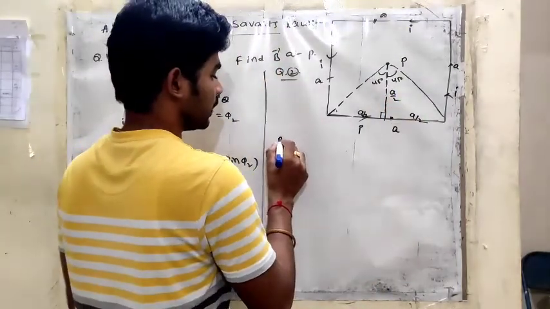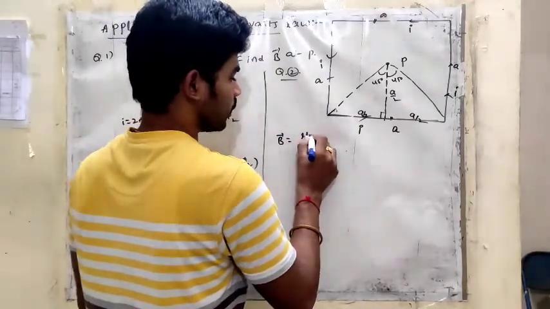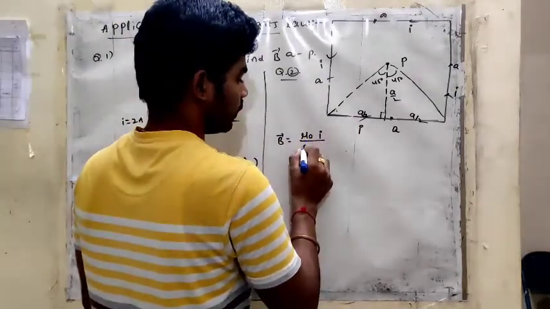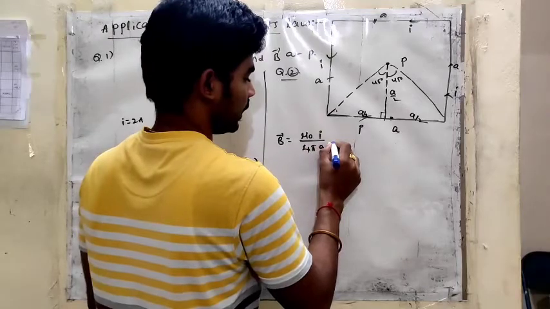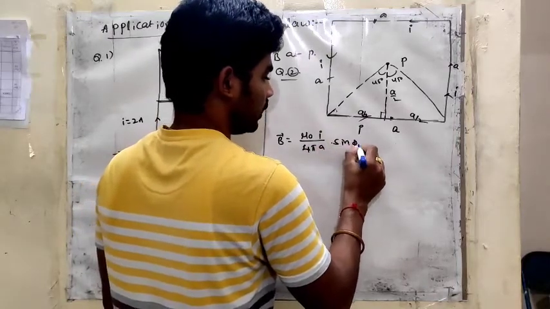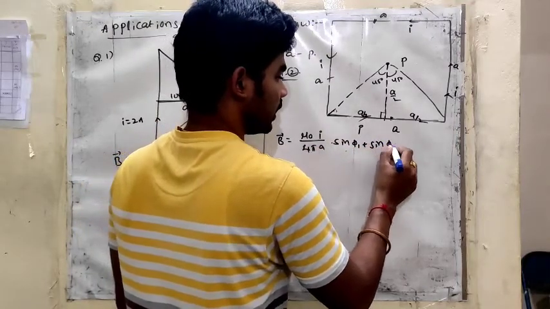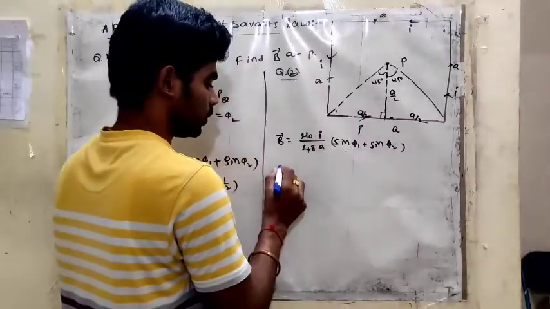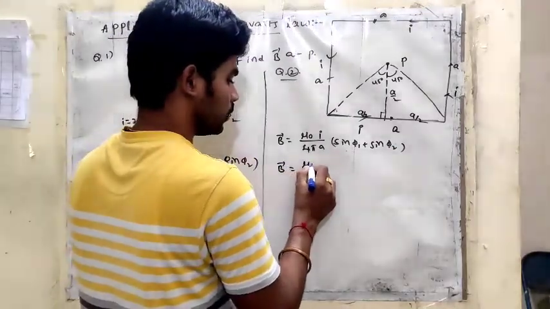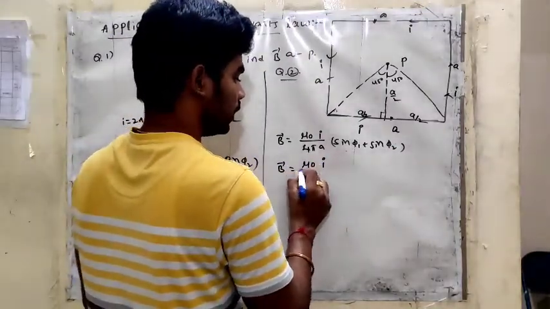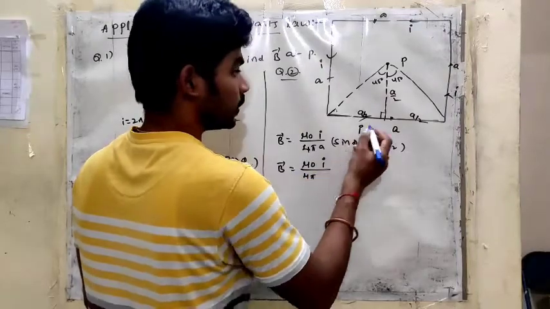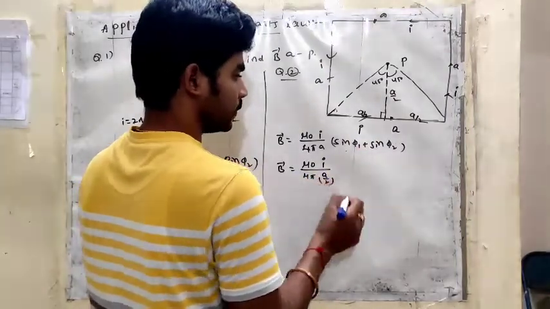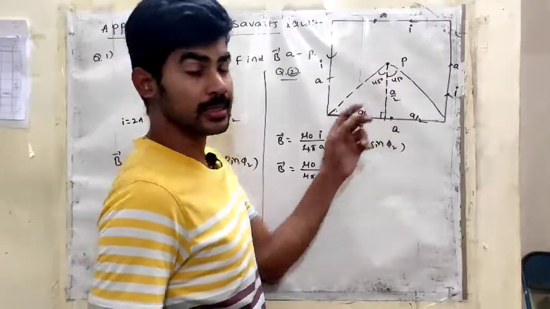So what is that magnetic field formula? B bar is equal to mu naught I by 4 pi A into sine phi 1 plus sine phi 2. So B bar is equal to mu naught I by 4 pi into distance A by 2. From here to here the distance is A by 2 only.